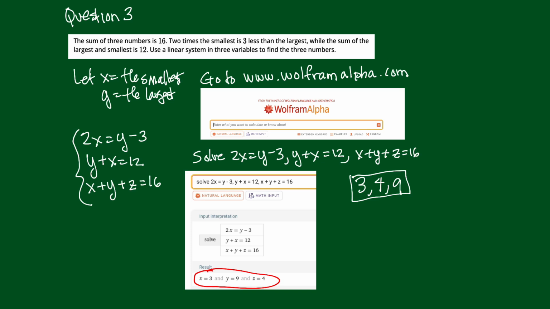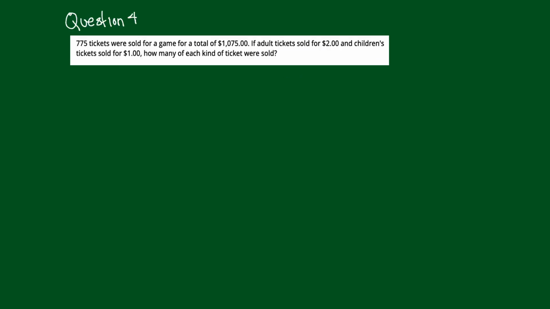Here they are. Question 4 tells us that 775 tickets were sold for a game for a total of this much money. Now, an adult ticket sold for $2 and children's tickets sold for $1. How many of each kind of ticket were sold? All right, so I want to know how many of each kind. So why don't I introduce a variable here?